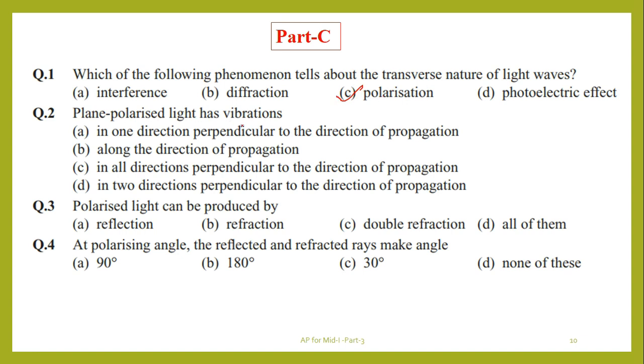Then plane polarized light has vibrations in one plane, one direction perpendicular to the direction of propagation. Polarized light can be produced by reflection, refraction, double refraction. So this is all of them. At a polarizing angle, the reflected ray and refracted ray make an angle of 90 degrees.